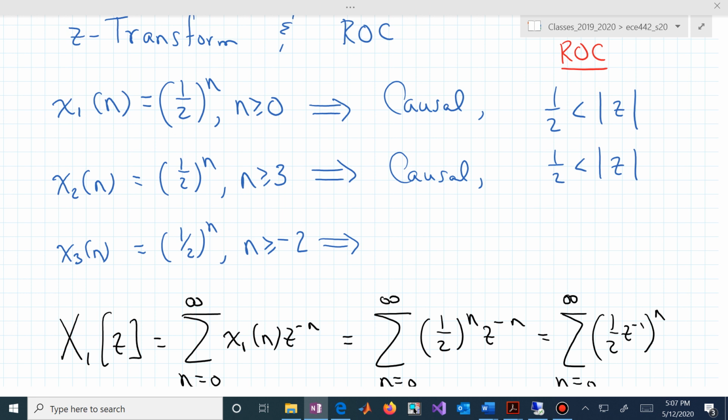That's not the case for little x sub 3 of n, because now we are going a finite distance into the negative time axis. We now have some negative time indices. This is no longer causal because it's starting before time n equal to 0, but it is right-sided.